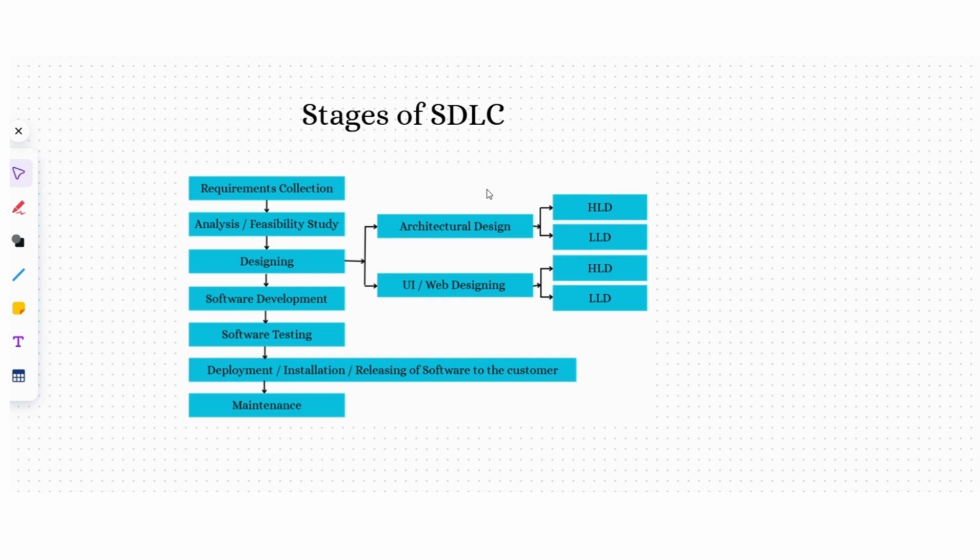Both of them have sub parts called high level designing and low level design. The fourth stage is software development. Fifth is software testing. After the testing, deployment, installation, or the releasing of the software to the customer. And the seventh stage is maintenance.